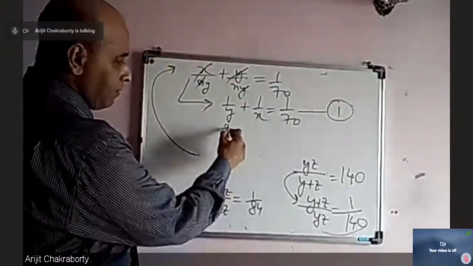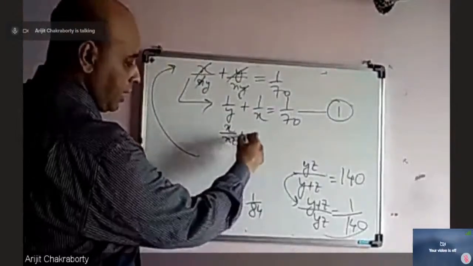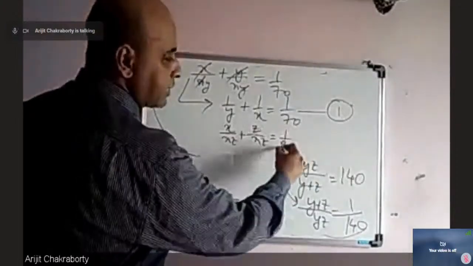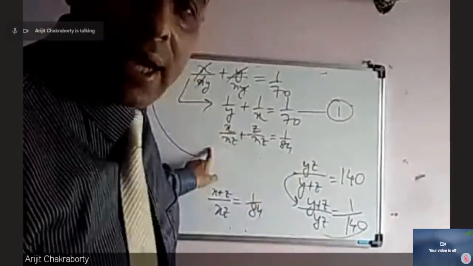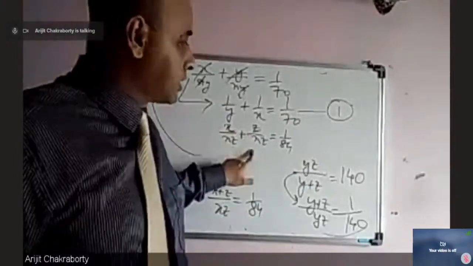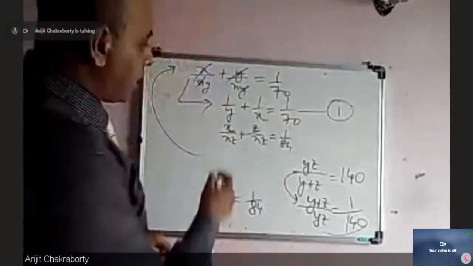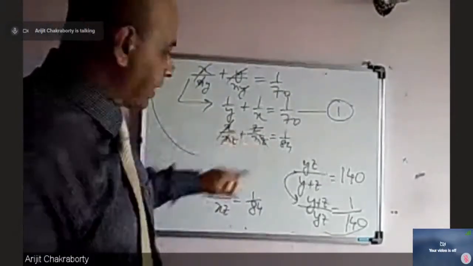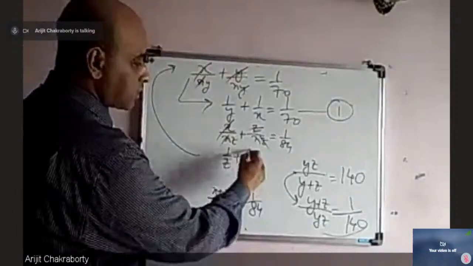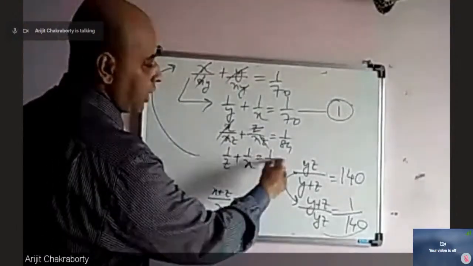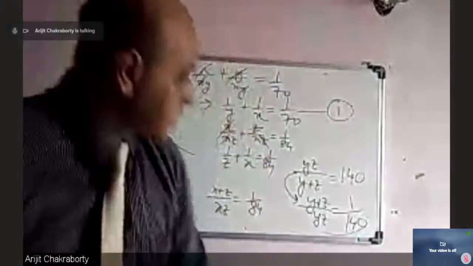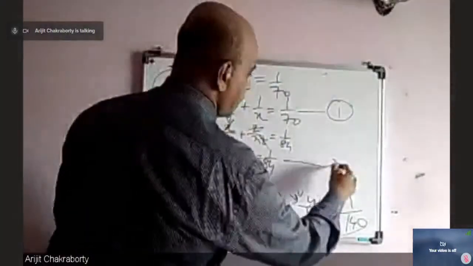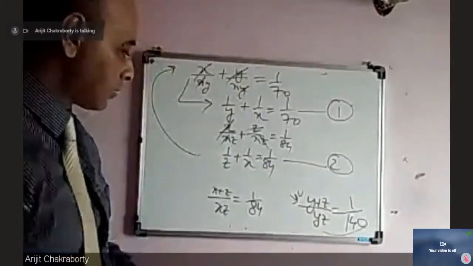It will become x/xz plus z/xz equal to 1/84. Again x and x will cancel out, z and z will cancel out. So here you are getting 1/z plus 1/x equal to 1/84. This becomes equation number 2.